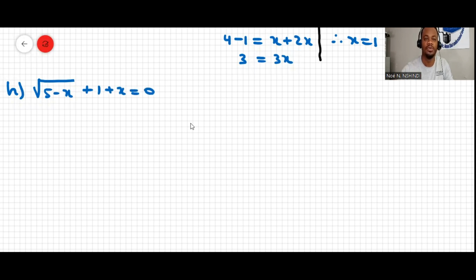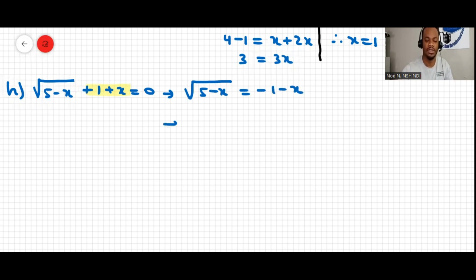Okay, so what we can do here, we will move 1 plus x over, and then this would be the square root of 5 minus x equal to negative 1 negative x.